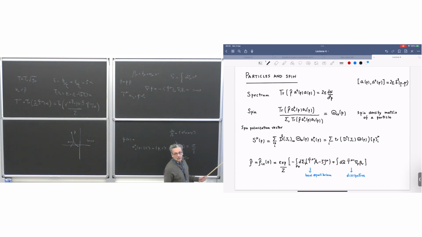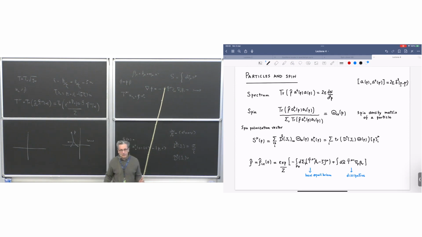And now, if I want to calculate these observables in heavy ion collisions, what I have to do is just to replace rho with the actual density operator, with what we believe is the best approximation of it. And I have pointed out several times that we believe the best approximation of it is the local equilibrium density operator at the time of the local equilibration, so-called, along this hyperbola, presumably defined by tau naught.